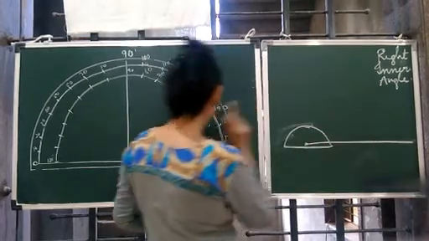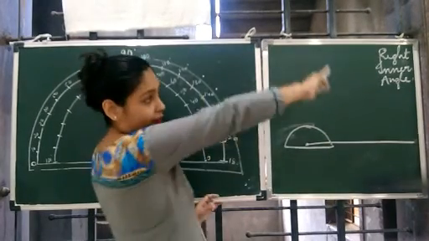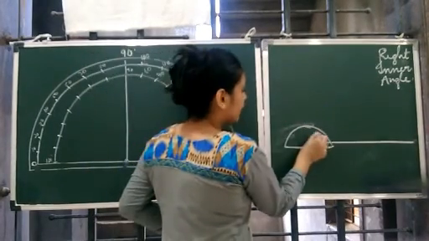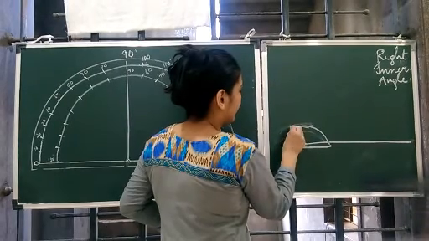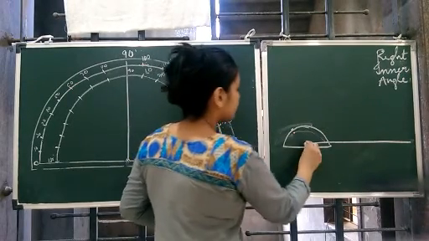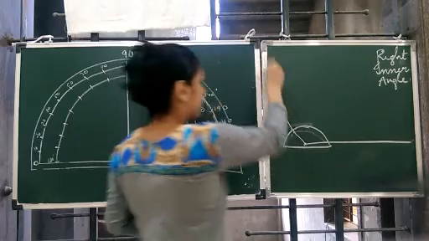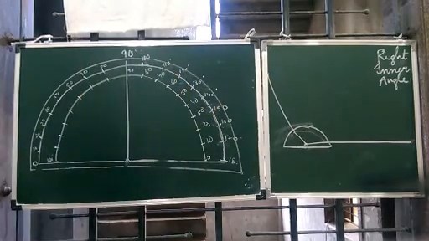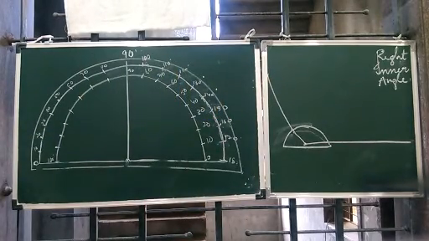So wherever 120 degrees is written in the inner angle, I have written inner, there I put a point. Then I remove my protractor and I join this and make this. So this is how we make an angle using a protractor and measure an angle using a protractor. Rest we are going to continue tomorrow.